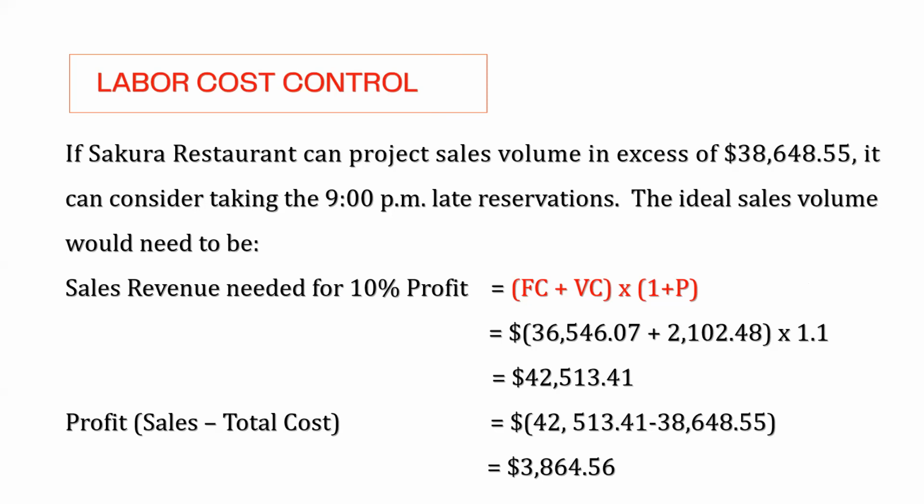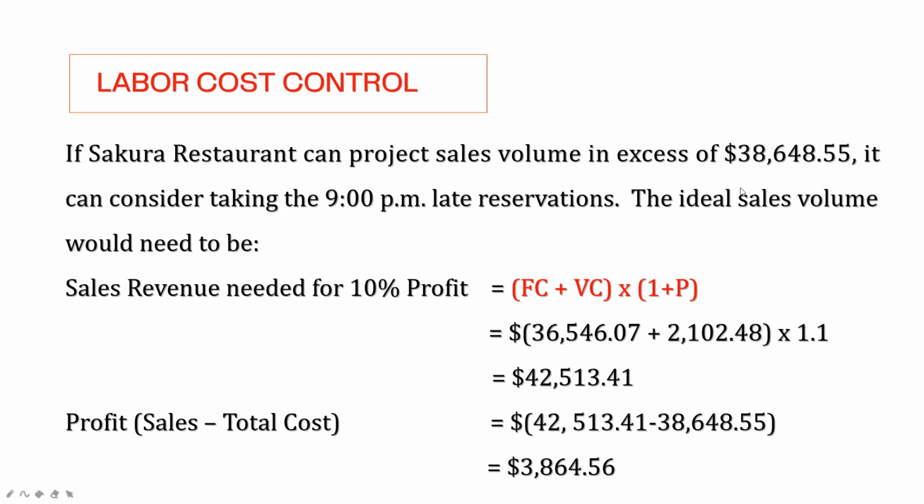sales amount. So that would be the fixed cost of $36,546.07 plus the variable cost of $2,102.48. Remember we find fixed cost first, right? And we arrived at the total cost now, which includes fixed plus variable cost.